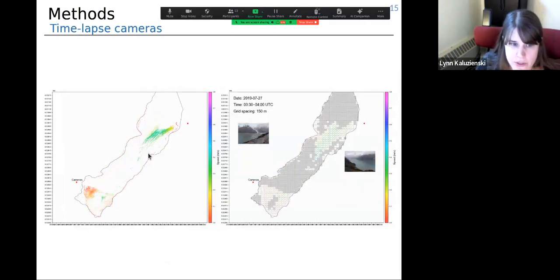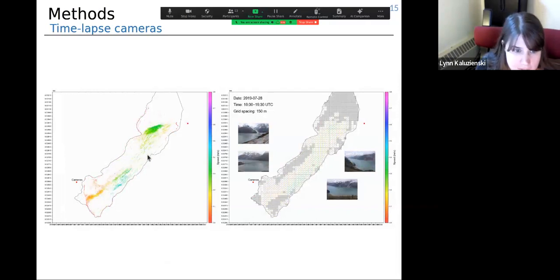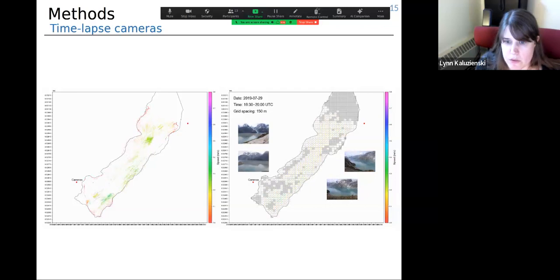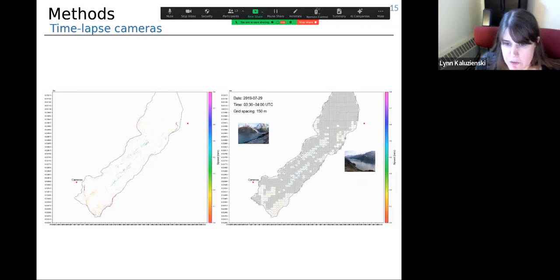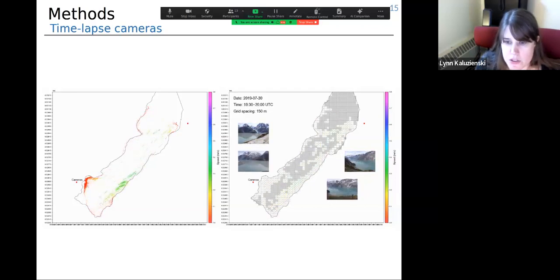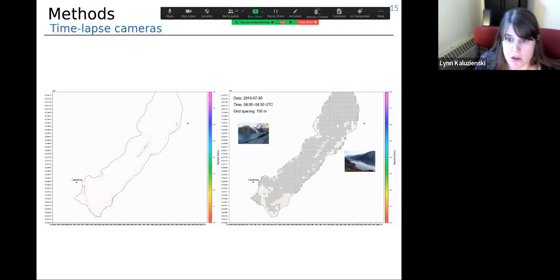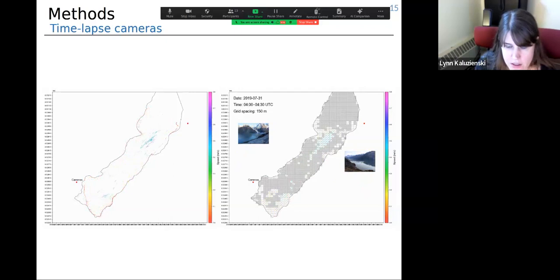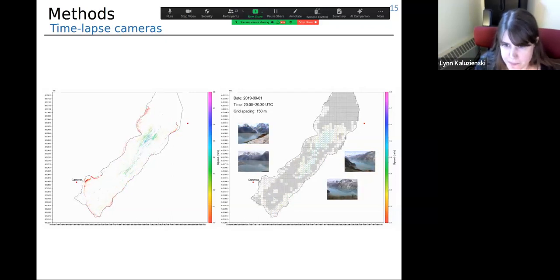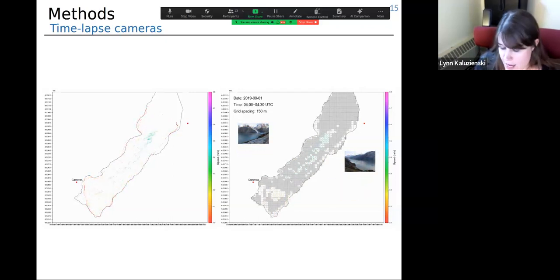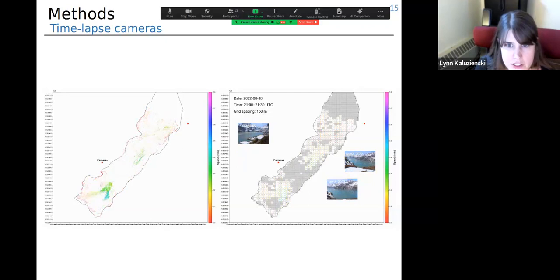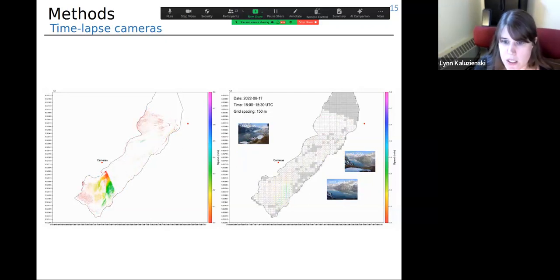But you can see this is a really robust data set, and provides tons of data. The way that we break that down is we break our fjord into 150 by 150 meter grid cells, and then we take the average velocity within that grid cell on a 30-minute interval. Once we do that, we're able to create a streamline plot. This is just another example from 2022.